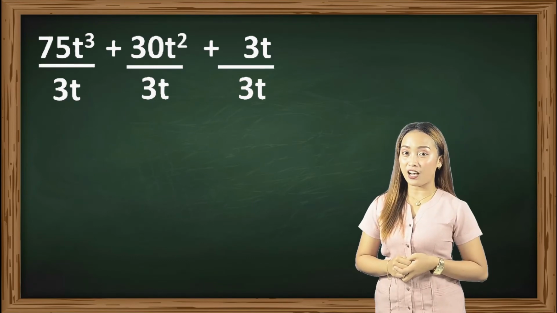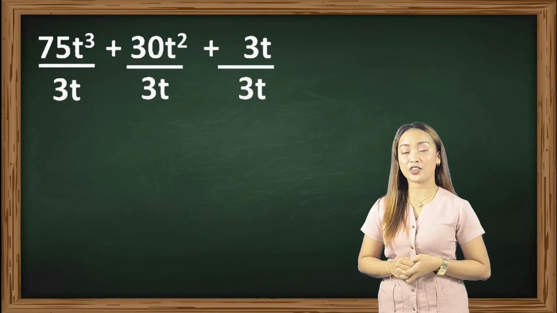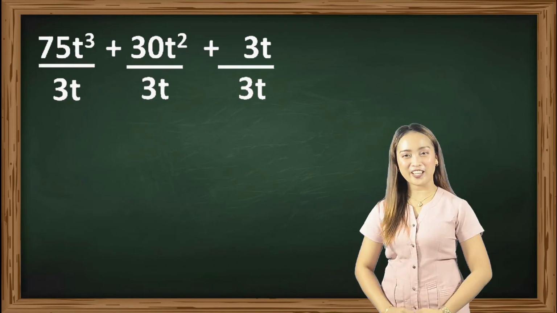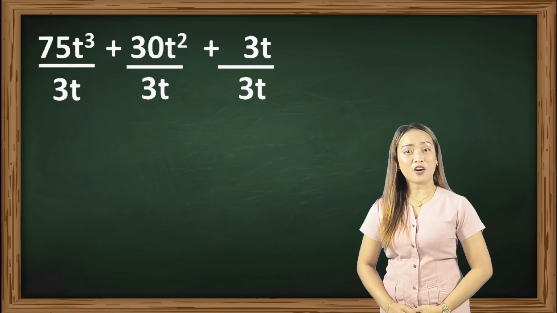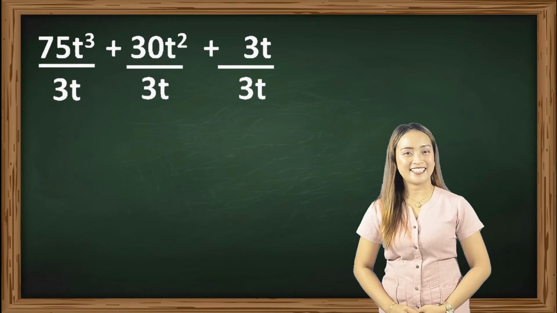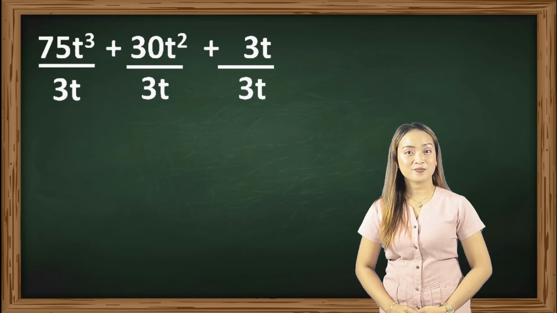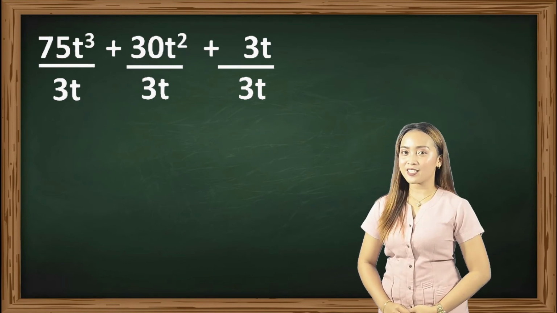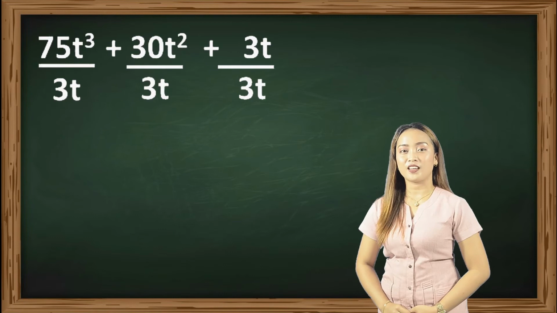For 75, 30, and 3, the GCF is 3. And looking at the variables, all terms have t. So, the GCMF is 3t.